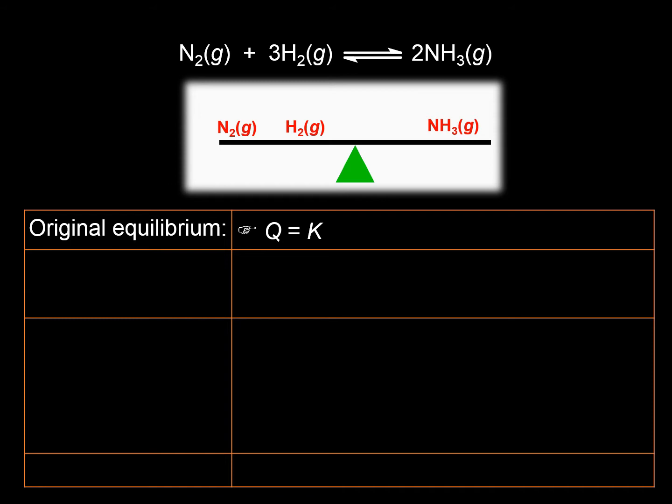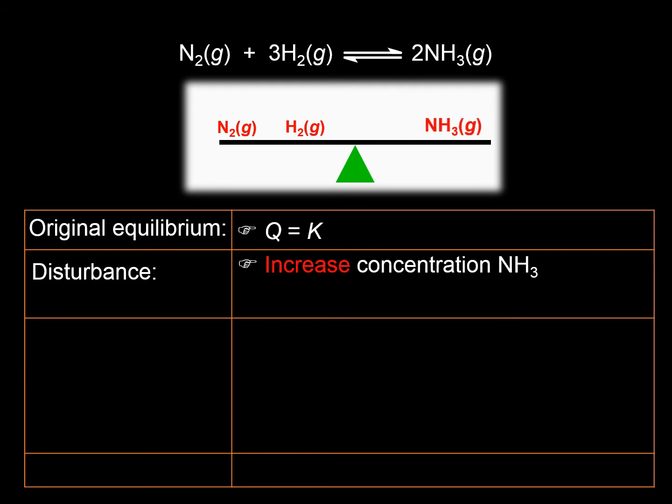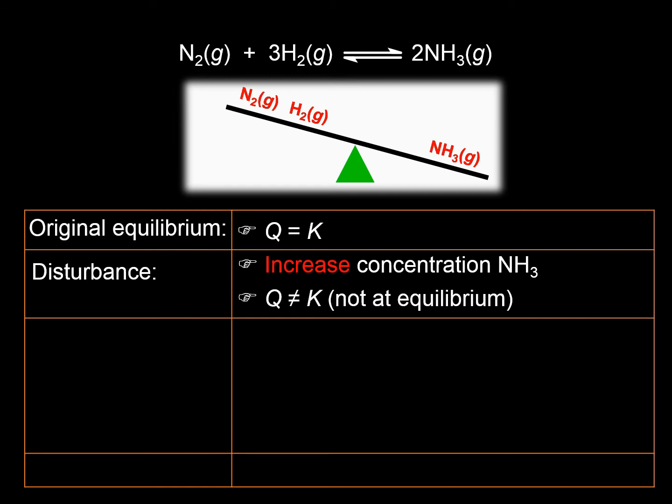Initially, the system is at equilibrium at which Q equals K, and just after the disturbance is given, by increasing the concentration of ammonia, Q is now not equal to K. In order to achieve equilibrium again, the concentrations of nitrogen and hydrogen need to be increased and the concentration of ammonia needs to be decreased.